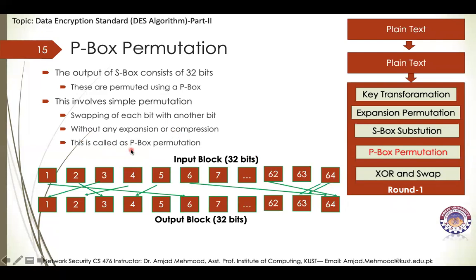This is called a P box permutation. As you know, we normally call permutation the jugglery of bit positions. So you are changing bit positions. That's why this is called P box permutation. The bit positions of the block will be changed.